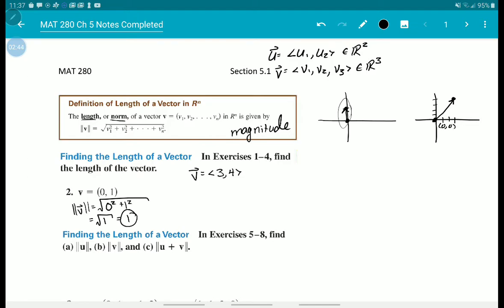Well, remember it's starting at 0, 0 and it's ending at 3, 4. So we could think about this in terms of that distance equation. So if we were to look at that distance equation and plug everything in, it would look something like this.